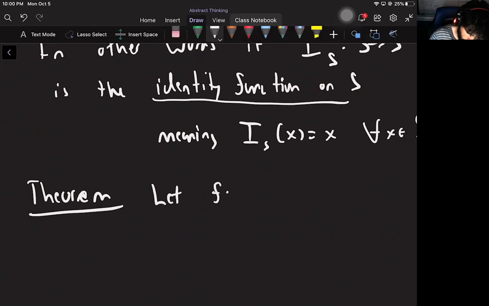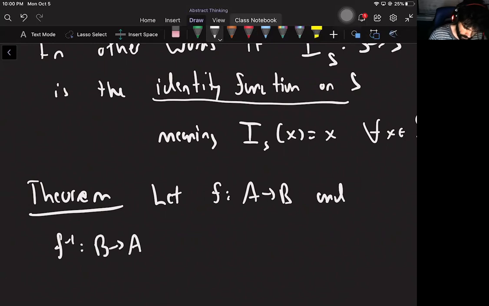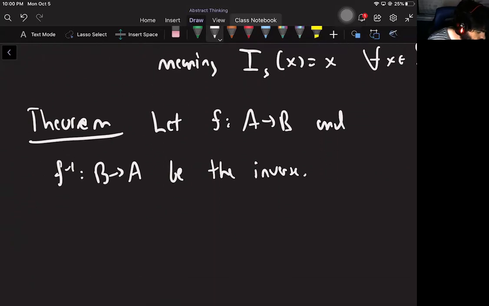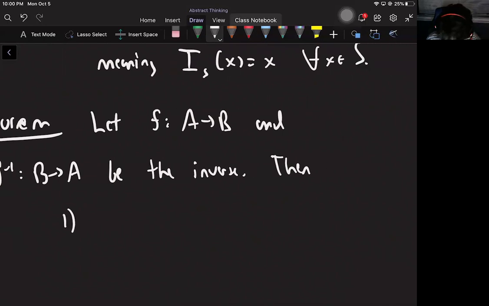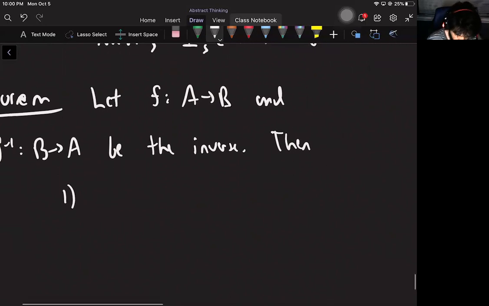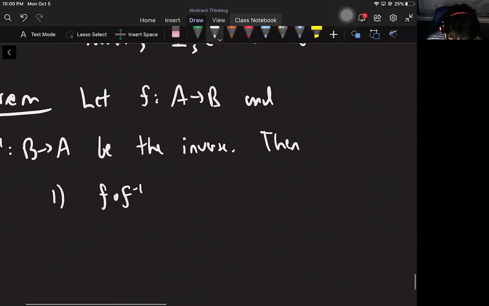So here it is. Let f go from A to B, and let f inverse go from B to A be its inverse. Then we have two nice facts. We have to remember how composition works. It's a bit tricky: I write the first one on the right. If I write f composed with f inverse like this, I should think about where it is going from and to.